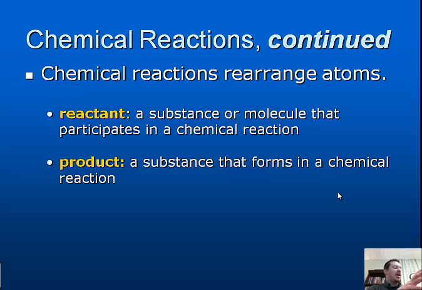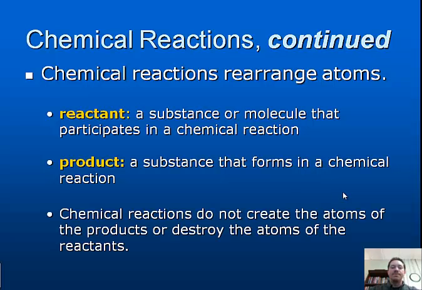So these reactants interact with each other, and then we form one or more products as a result of that. So we can say chemical reactions do not create atoms of the products or destroy the atoms of the reactants. So back to this previous sentence here, we're just taking what we are reacting, or reactants here, we're just rearranging how those are arranged to form the products.